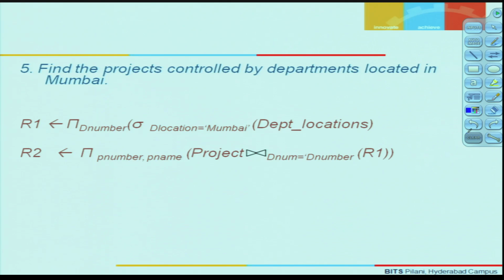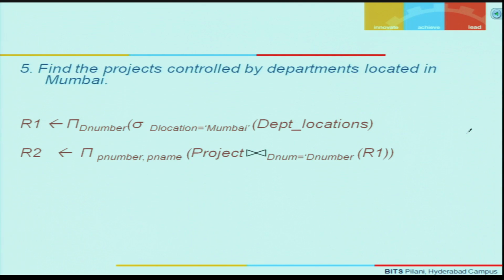So this is how we can specify data retrieval requests, which we call queries, using relational algebraic expressions. The result of each relational algebraic expression is also another relation. This is a formal query language for the relational data model, because relational algebra has a strong mathematical background.